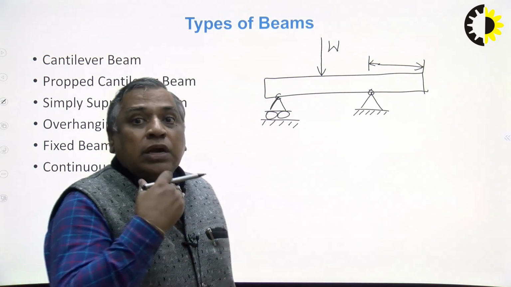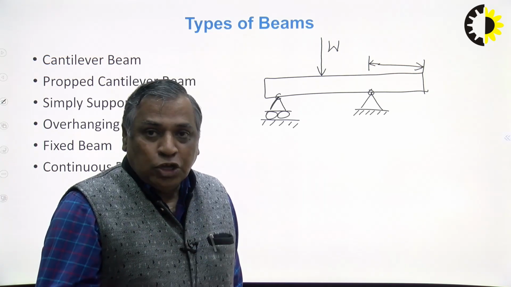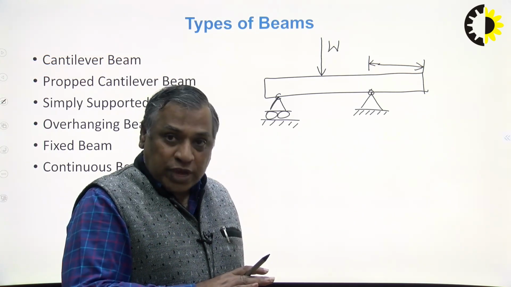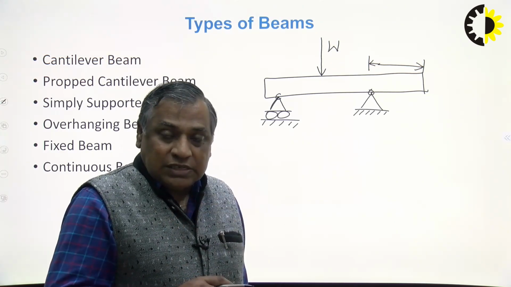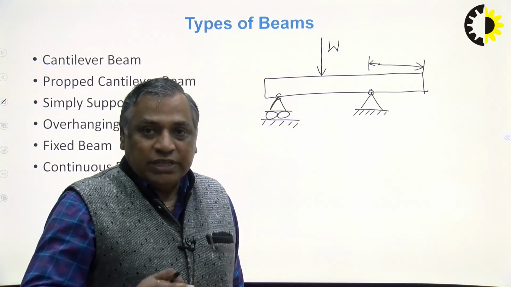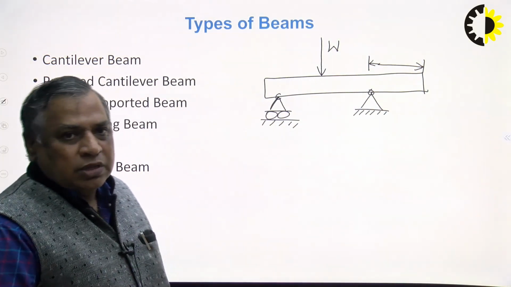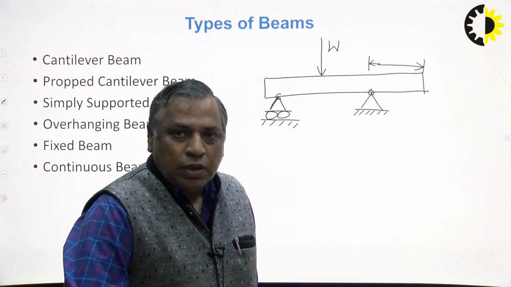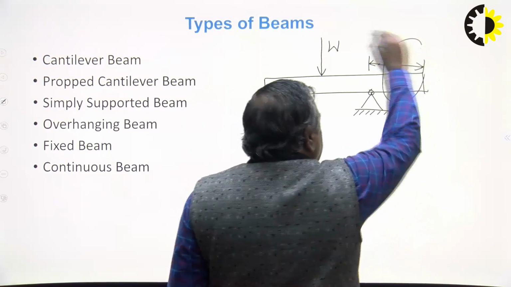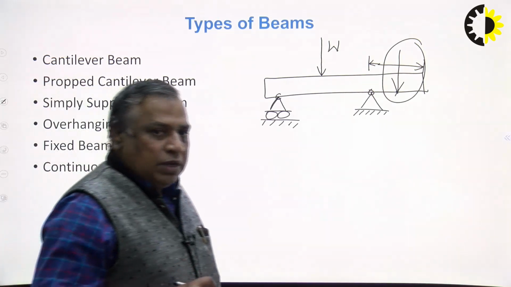Means in the extended portion, it is mandatory to have a certain load, whether it is due to its own weight, or if it is weightless, then an external load must be applied. Then only it will be overhanging. If it is weightless, whatever length you want to extend, you can extend, it will not be in the category of the overhanging beam. Some force, some load should appear here due to any reason, due to its own weight or externally applied load, then it will be an overhanging beam.